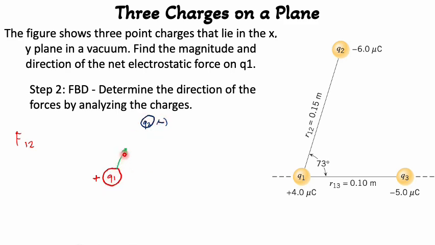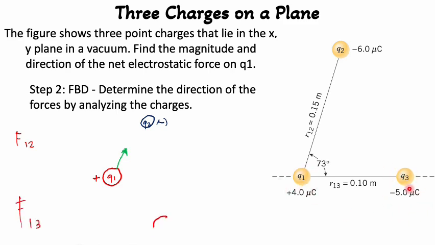So, the force that we are expecting is that charge 1 is being attracted to charge 2. So, we can draw it just like this. That is our free body diagram for F12. Now, how about F13? As you can see here in the illustration, Q1 is positive, Q3 is negative.